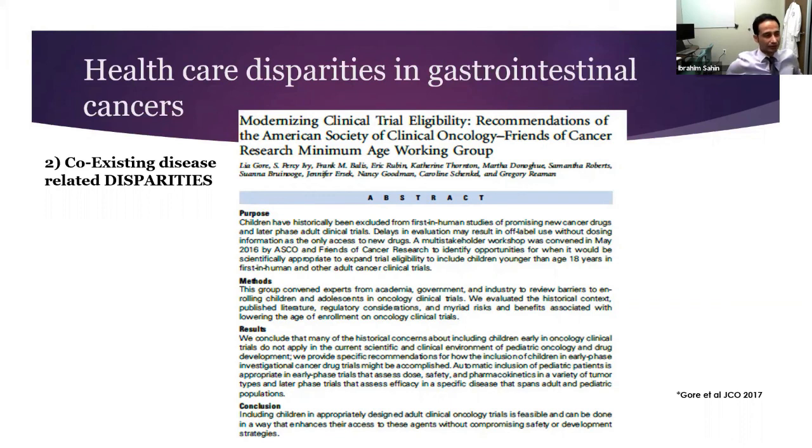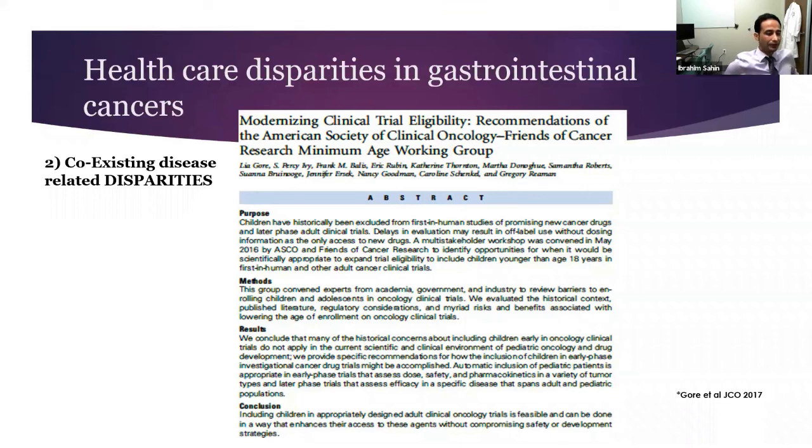Now that recognition has come into place, and we are understanding that we need to be more comprehensive for different age groups. This is not unique to children, but also applies to the elderly, because one of the criteria I always look into is ECOG performance status, underlying medical conditions and adequate organ function, which are more common problems in the elderly, especially in gastrointestinal cancer, which happens more in the elderly population.